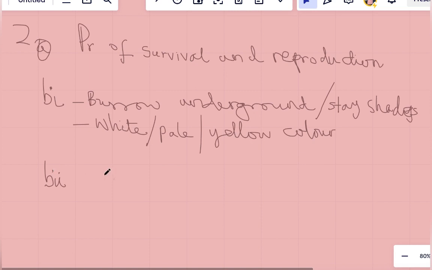So this animal, they have big cornea. So we can say they have big cornea, and because of that, hence they have good eyesight. So you can see one of the ways they're able to survive at night where there is not much light. Good eyesight. That's one of their characteristics.